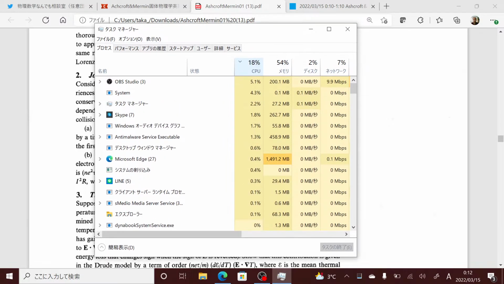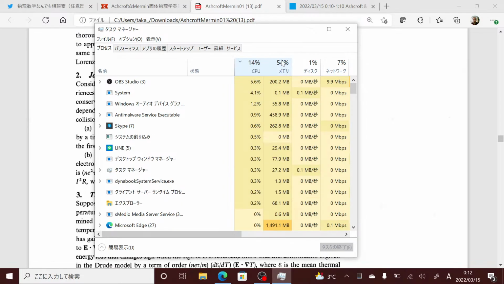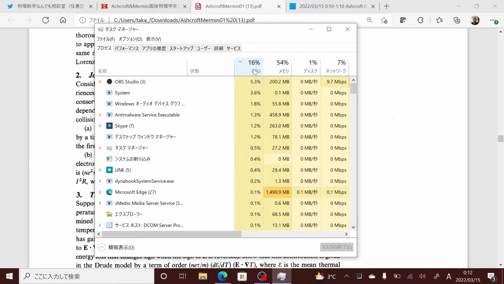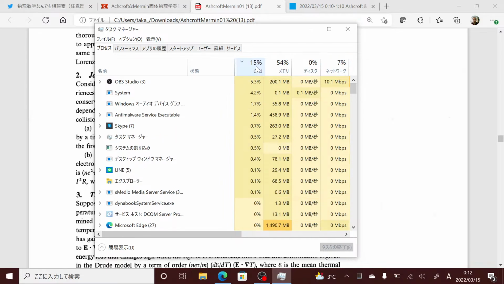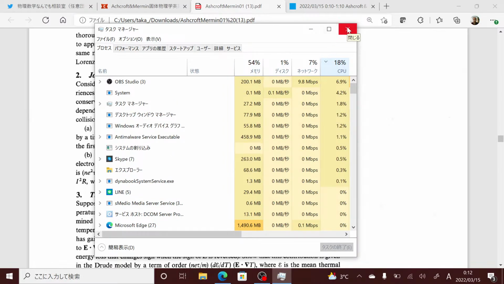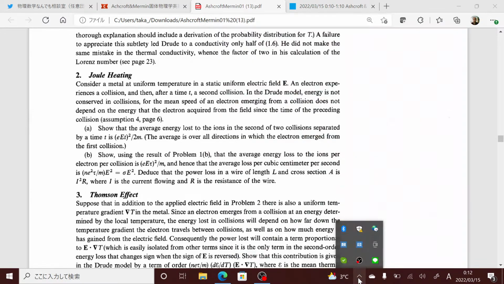What's it? CPU. OBS is using CPU. How much network is used? Skype is using some. Close Line and close Scarf.